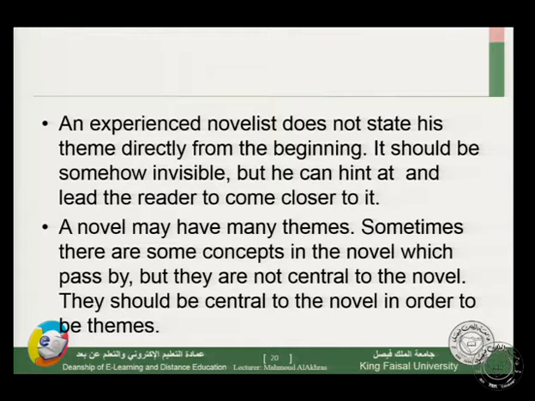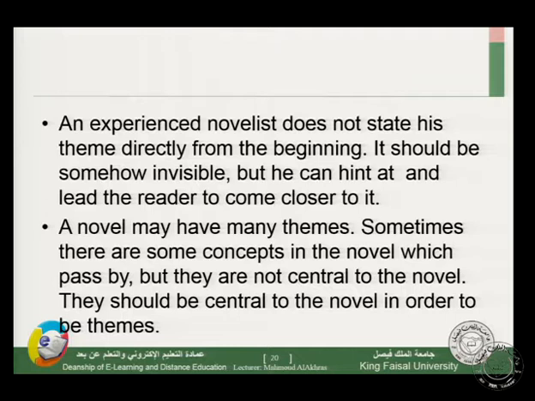A novel may have many themes. Sometimes there are some concepts in the novel which pass by. They are not considered themes, they pass by, but they are not central to the novel. They should be central to the novel in order to be themes.